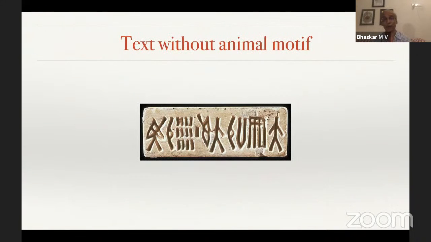Over a period of time, Indus also sent texts without any animal motif, without any kind of field symbolism. We don't know whether it followed an icon period, and then these icons began to be understood for what they were, and they were no longer necessary to be carved.